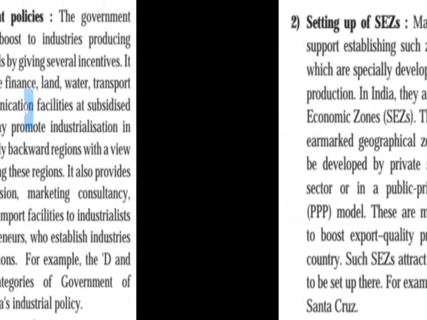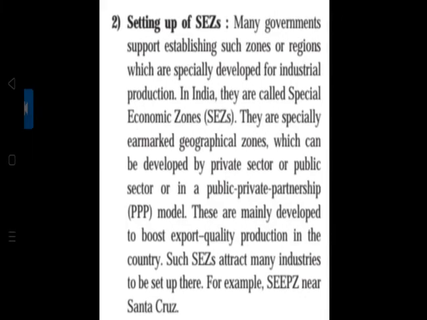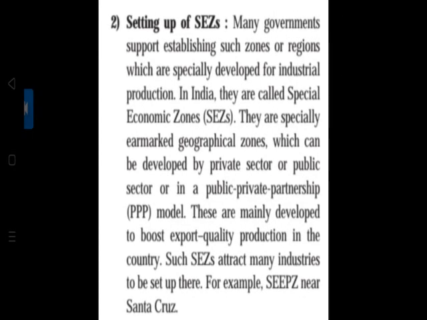The first thing I spoke about was government policies. I hope I'm clear about them, and how policies have to be stringent, lenient, or flexible depending on the location where the industry is going to be set up, and how it fits into the standards of government policies, rules and regulations. The second is the setting up of SEZs, special economic zones, places where industrial production is carried on.